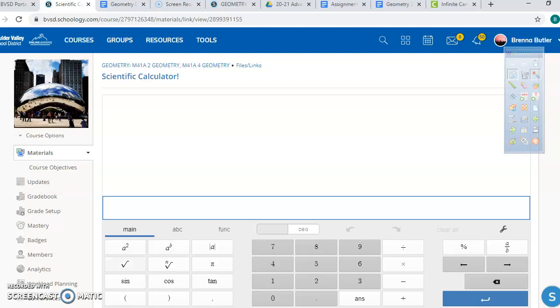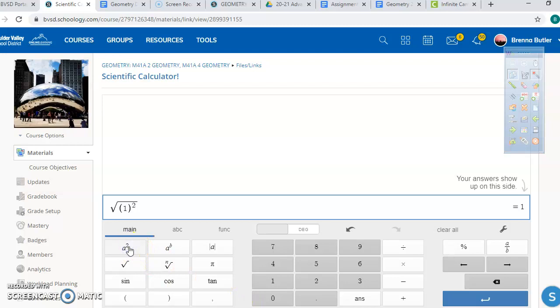So here's the square root button here, and then you can just plug it in. It's probably easier if you use your keyboard, just like you had written down. So in this case, it was parenthesis 1, and please use the parentheses because, especially with the negatives, it's super helpful.